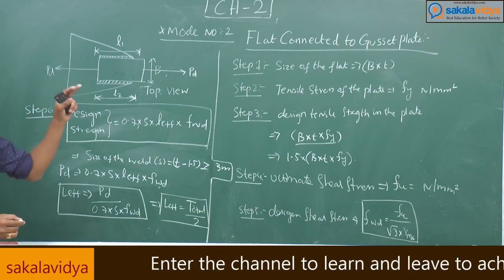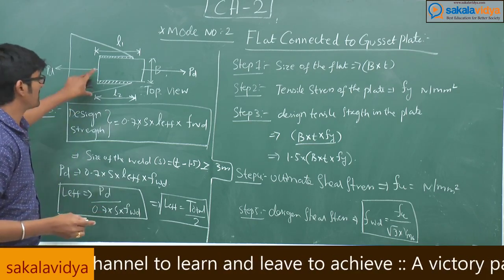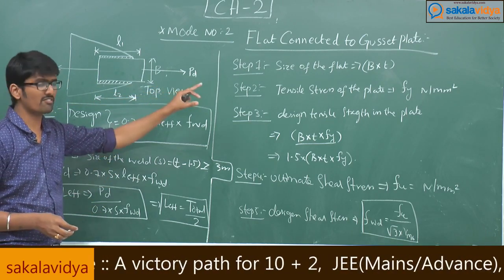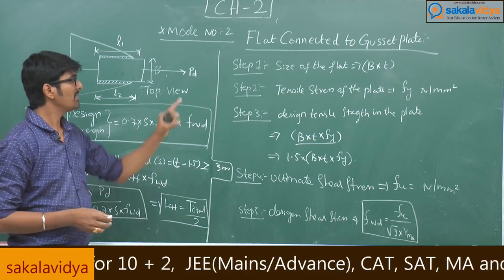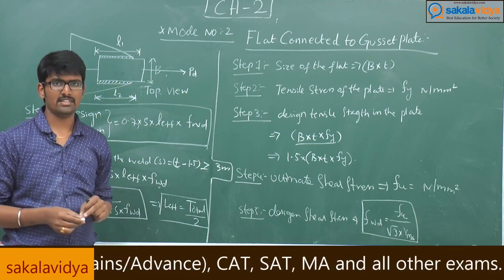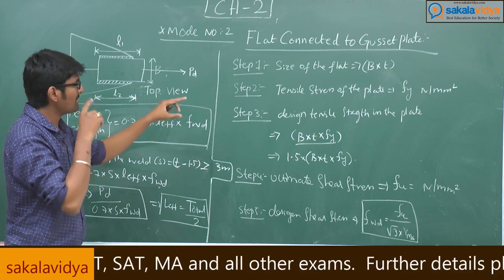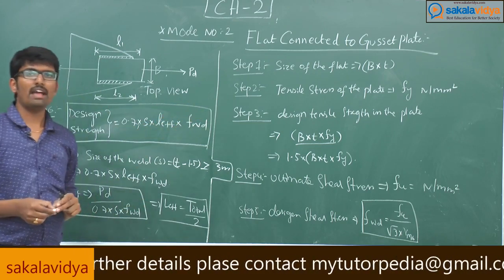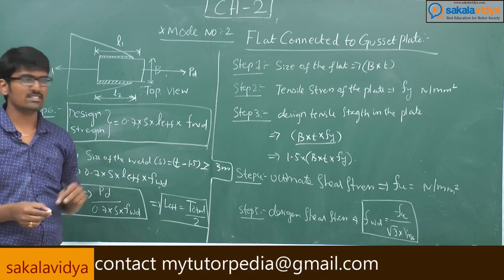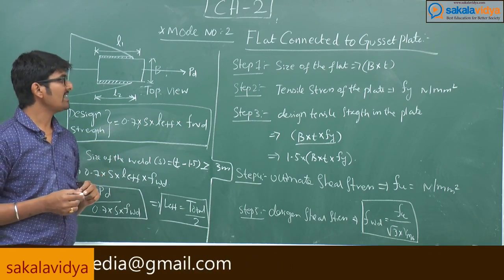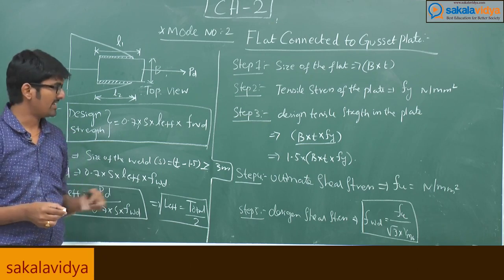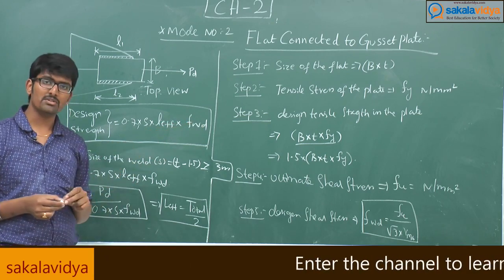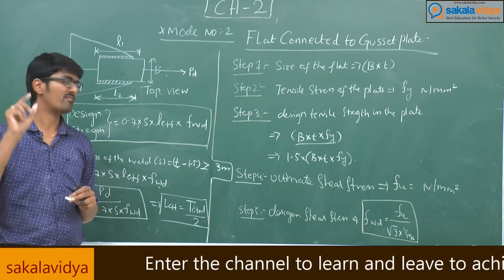So when a flat is connected to a gusset plate, as shown in the figure, the first step is the size of the flat, that is B into thickness, breadth into thickness. The second step is tensile stress of the plate, that is Fy, Newton per mm square, which will be given in the question itself. Step 3, design tensile strength in the plate, that is B into T into Fy. For the design tensile strength, we have to multiply with 1.5.